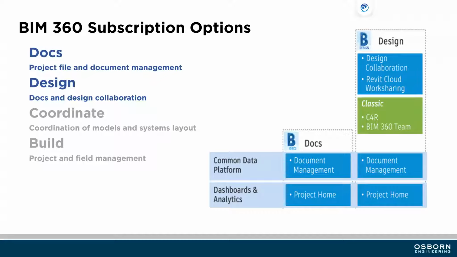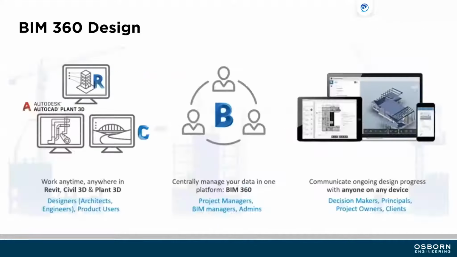And then Design is your design collaboration where you can be an active contributor and do the live cloud work sharing files. Design itself includes Docs, and so most of the licenses that we have include both Docs and Design Collaboration. There are other options like Coordinate and Build. That's more for the coordination and punch list type items that you see in the field. But in general, Docs and Design are where we're going to be working.